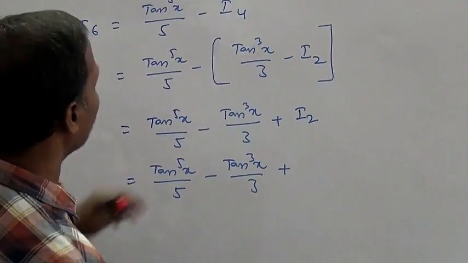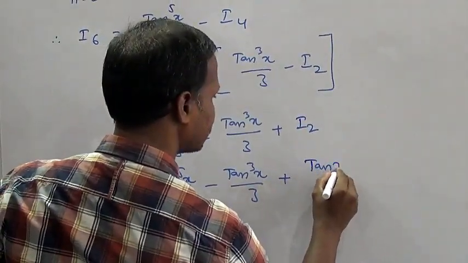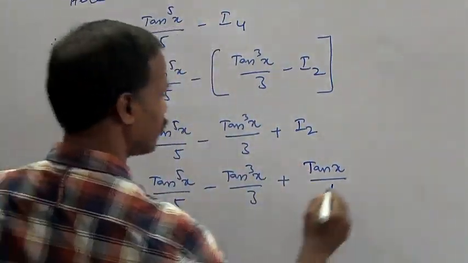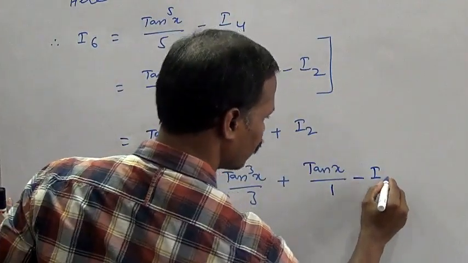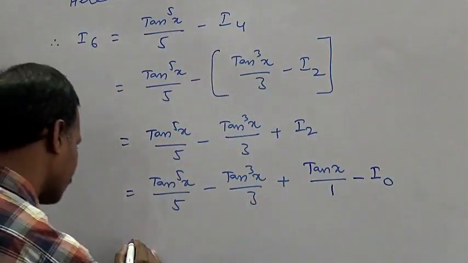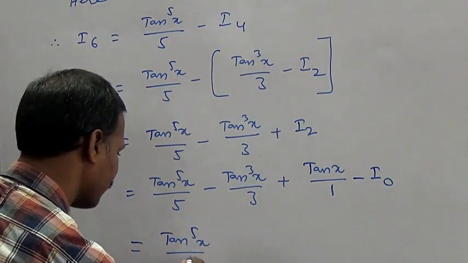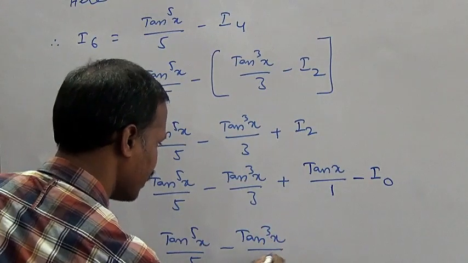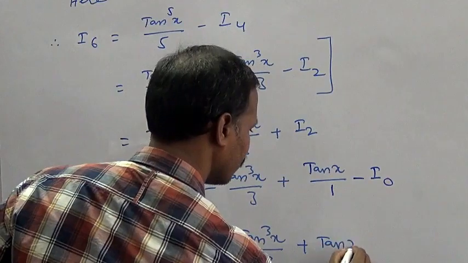Again using the reduction formula, what will you get for I2? This is tan x by 2 minus 1 minus I_{2-2}, that is I naught. So now this is equal to tan power 5x by 5 minus tan cube x by 3 plus tan x minus I naught.